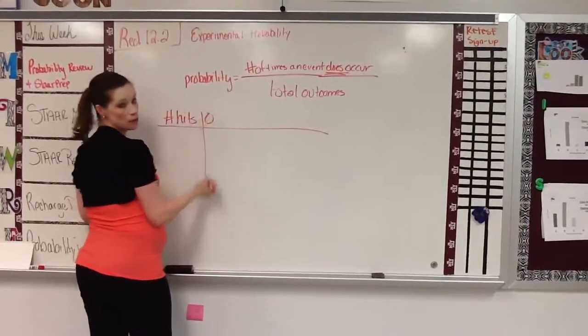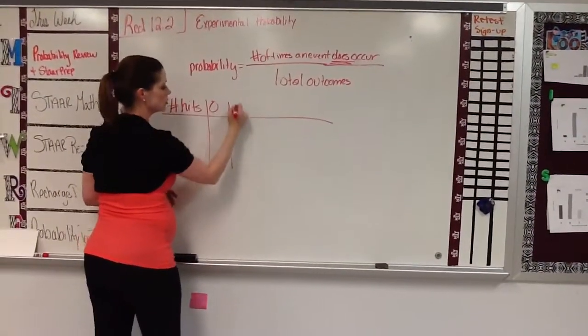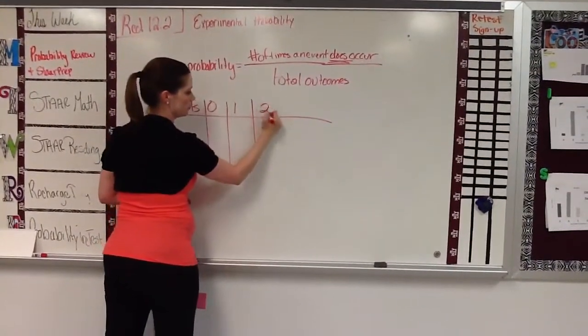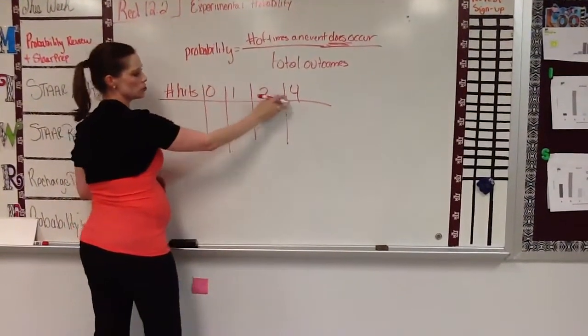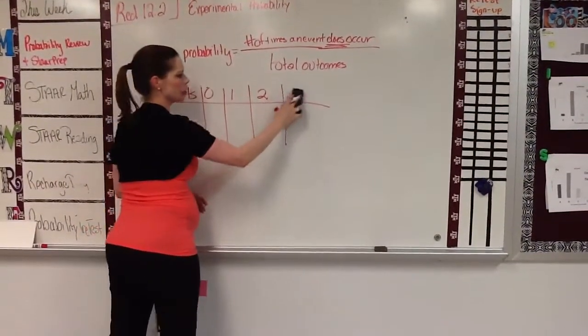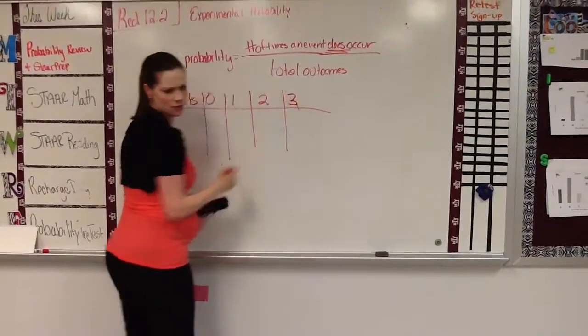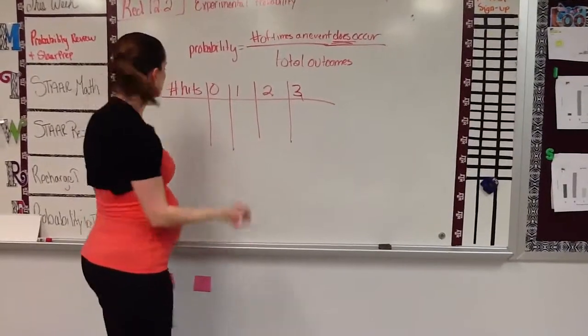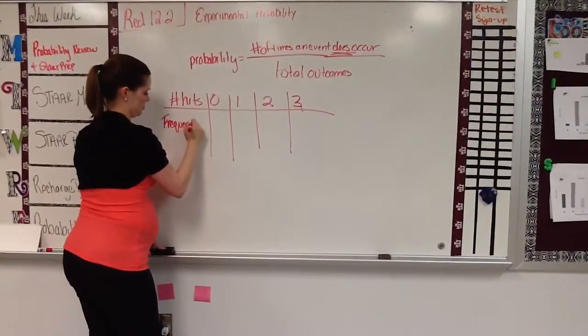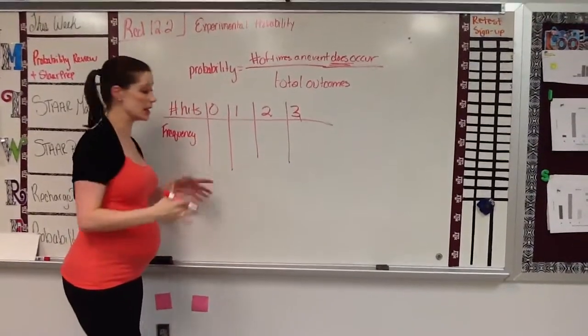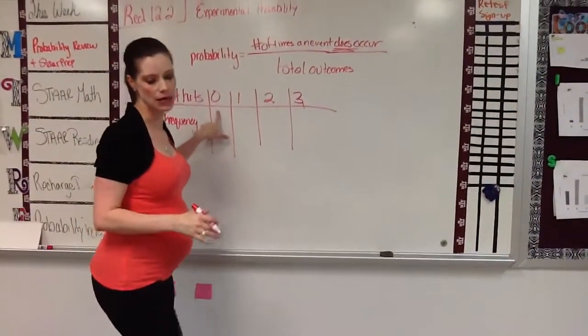We can say this is maybe Murphy and the Rangers. He got 0 hits, 1 hit, 2 hits, or 3 hits. And then we can put how many he got. So this was our frequency. Frequency meaning how many games did he get that many hits?